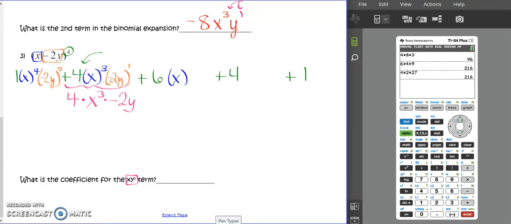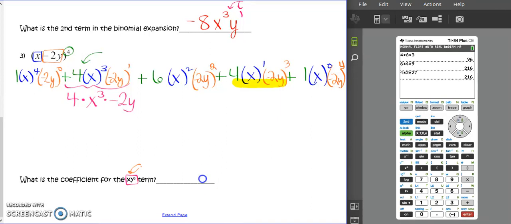So we have x squared, x to the first, x to the 0. Then we have negative 2y squared, negative 2y to the third, and negative 2y to the fourth. But it asks us for the xy to the third term. So looking up here, that's going to be this piece right here, our xy to the third.